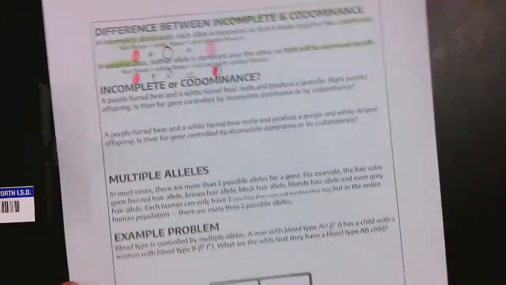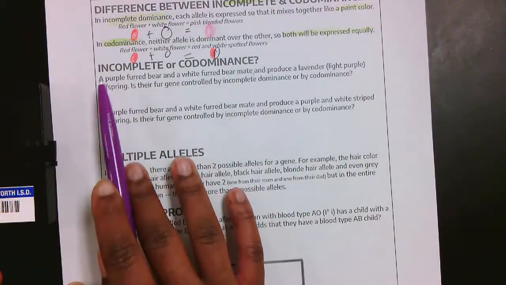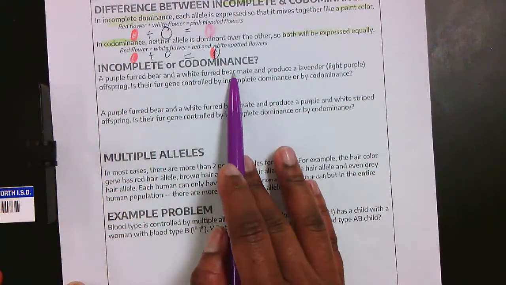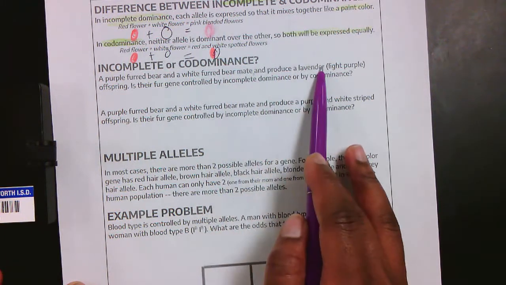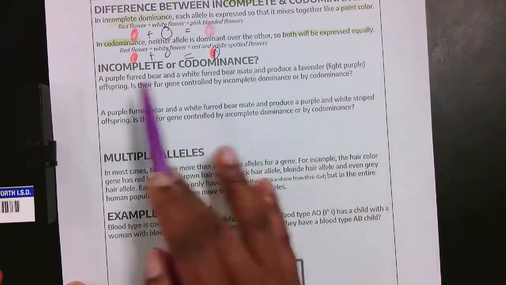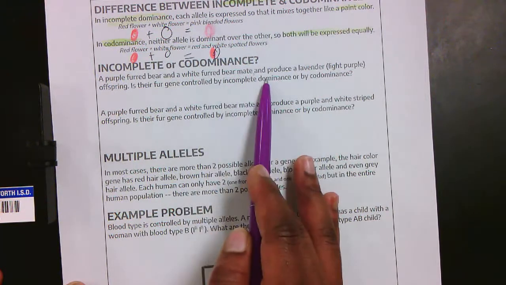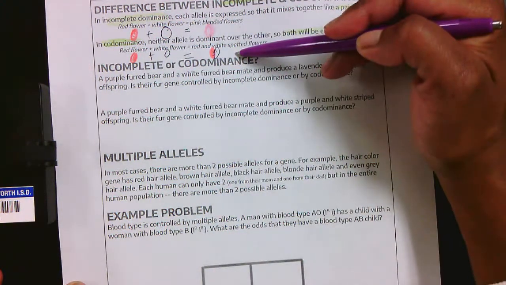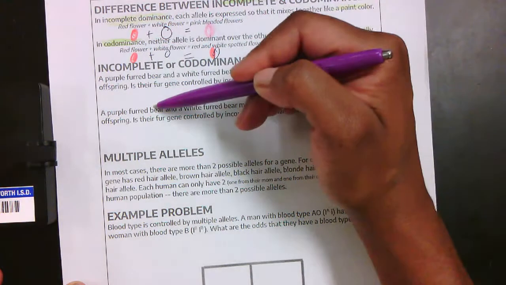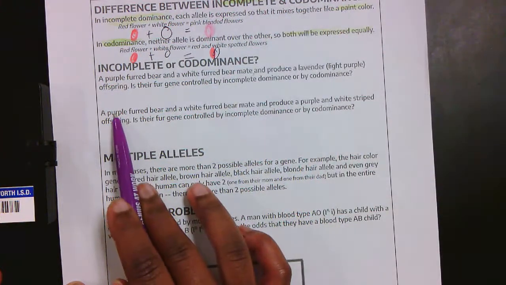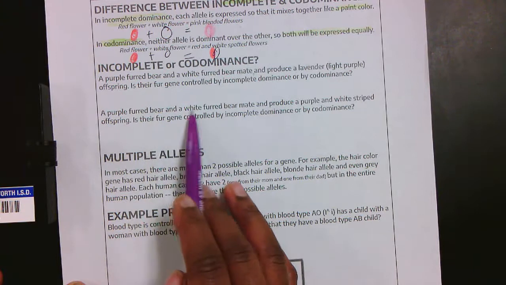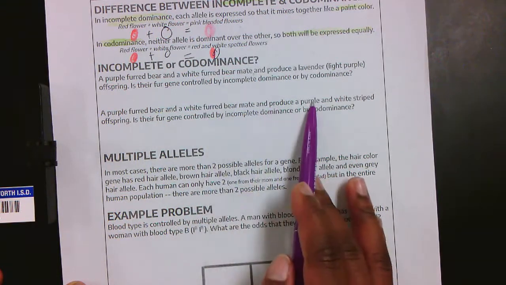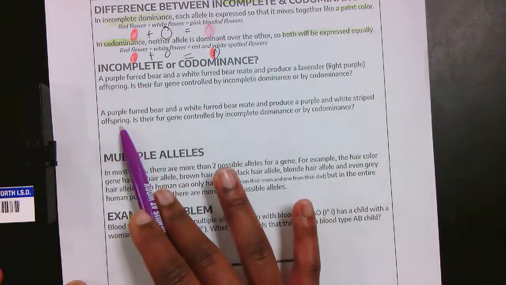Okay, so right here, a purple furred bear and a white furred bear mate and produce a lavender, a light purple. Is their fur gene controlled by incomplete dominance, like in this example, or by codominance, as in this example? Write it down here. Okay, and this other example, a purple furred bear and a white furred bear mate and produce a purple and white striped offspring.